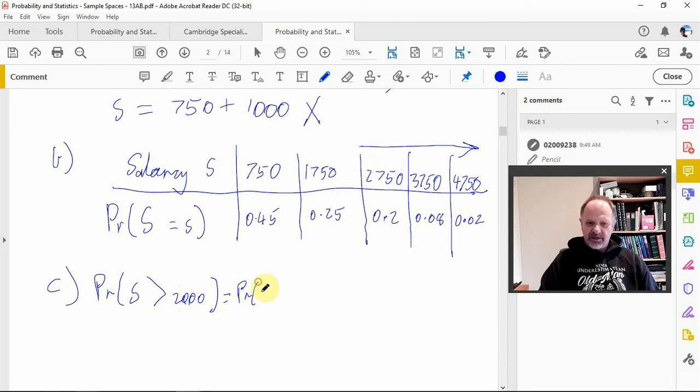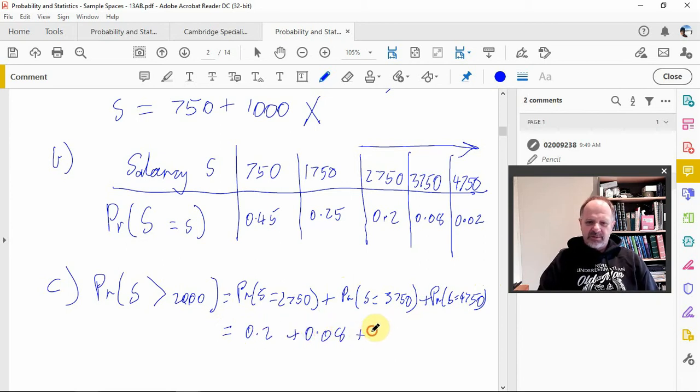So we're interested in where S equals 2,750 plus the probability S equals 3,750 plus the probability that S equals 4,750. All right, so 0.2 plus 0.08 plus 0.02, which would be 0.3.